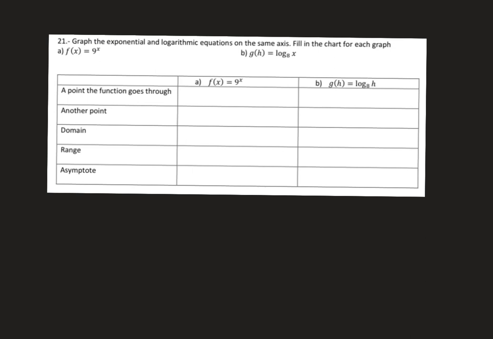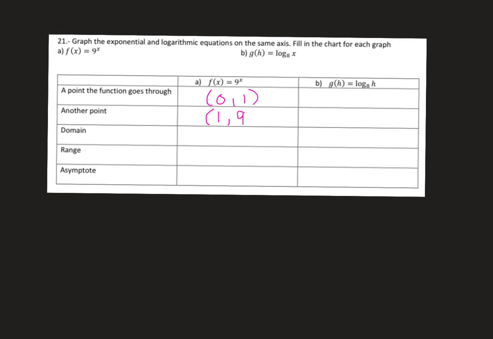Okay, 21, the last question on here. This is going to involve sections 37 and 38, and it's just going to have you graph a logarithmic equation and an exponential equation together. The reason we do these together is it's actually easier together. We're first going to start with a point the function goes through. In this case, all exponential functions go through the point 0, 1. The other point that all exponential functions go through is 1, whatever its base is.